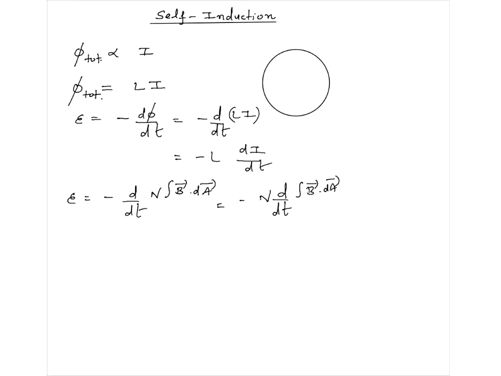It depends on the geometry of the system we are talking about. As you will see later, when we find L for solenoid, you will see that L for solenoid depends only on the construction parameters of the solenoid, the geometrical parameters.